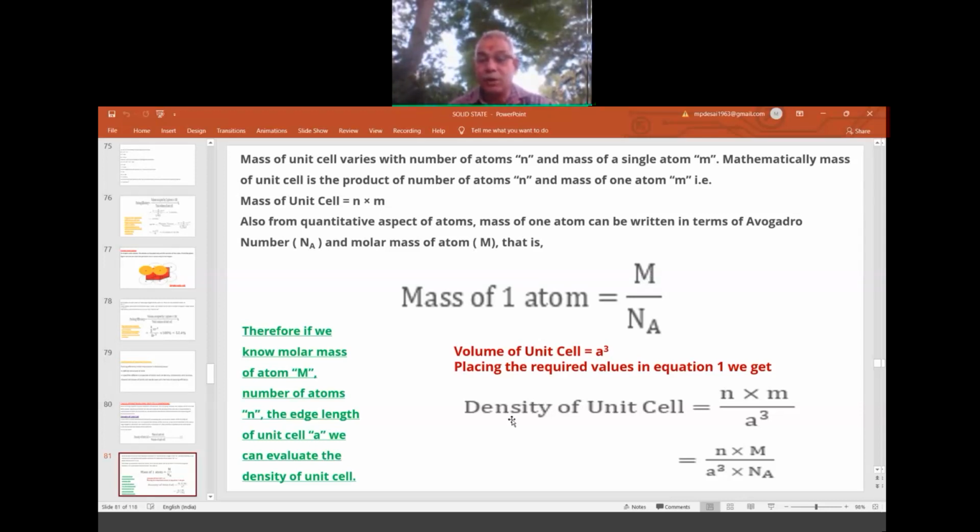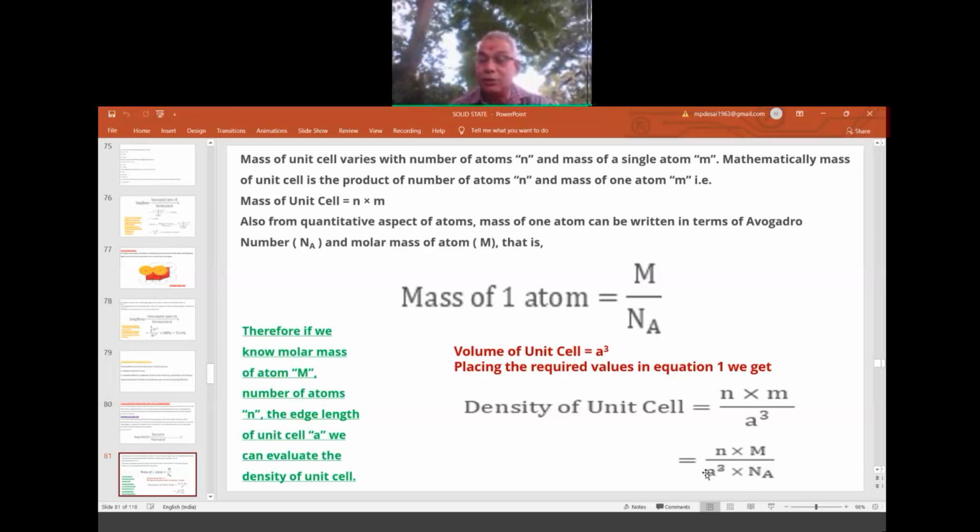Therefore, density of unit cell equals n into m. N into m is the mass of the unit cell, depending upon the number of spheres in it and the mass of one particle. Divided by the volume a cube, that gives the density of that unit cell.